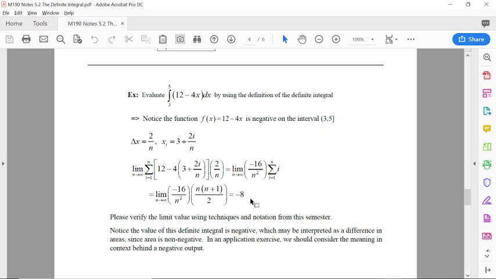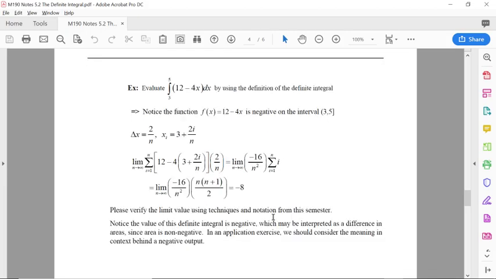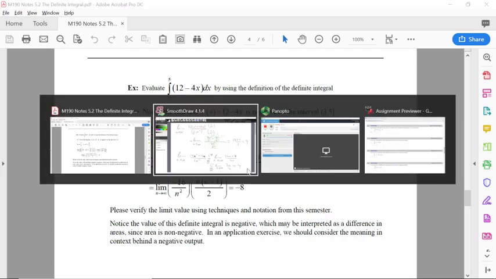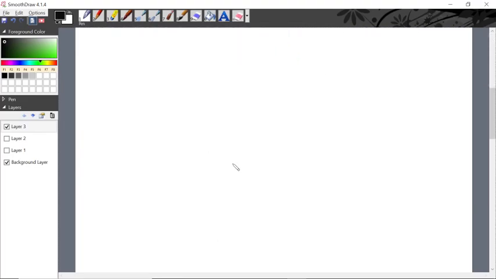Okay, it's because the function existed below the x-axis. Our interpretation of that answer being negative comes within the context of whatever the function itself was actually representing, if it represented something within an actual application exercise.